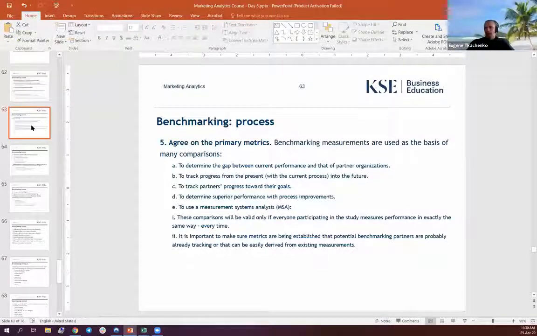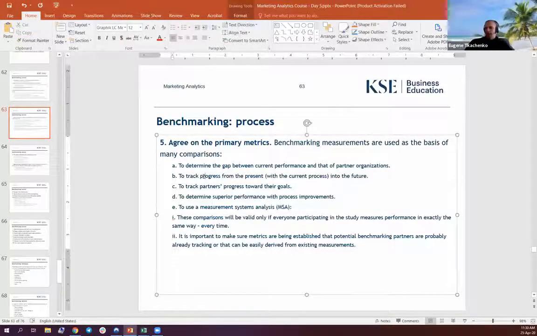So once we have that clear understanding, we would first of all be tracking the progress from the present. We are done as of May 1st versus the things we made on, for example, June 1st. And we will try to spot any difference.